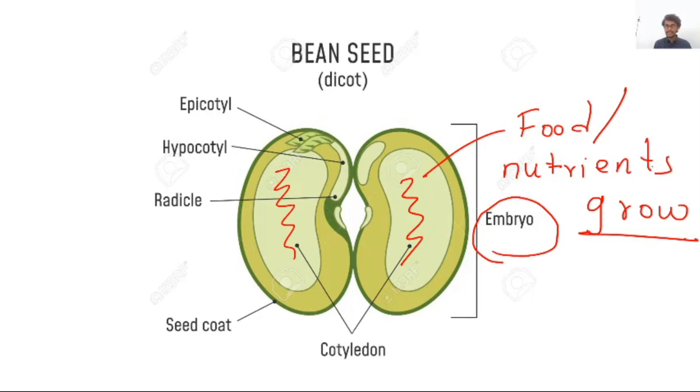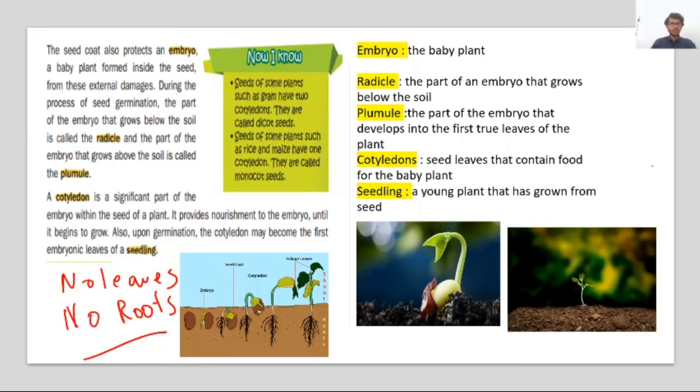Now let's read: it provides nourishment to the embryo until it begins to grow. Upon germination, the cotyledon may become the first embryonic leaves of a seedling.